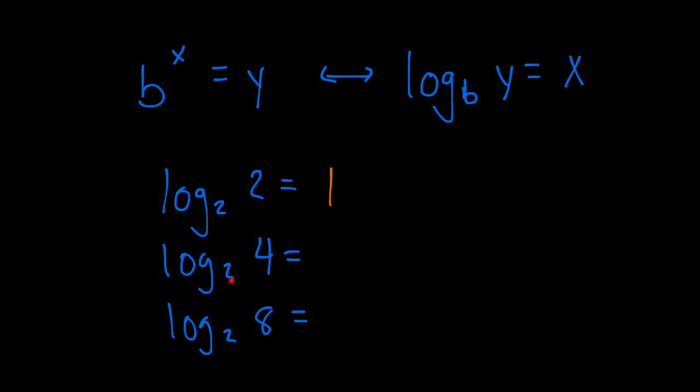If we see log base 2 of 4, that's asking us 2 to what power is 4? 2 to the second is 4. In our last example, we have log base 2 of 8, so that's asking 2 to what power would give us an 8? That's 3, right? 2 to the third is 8.